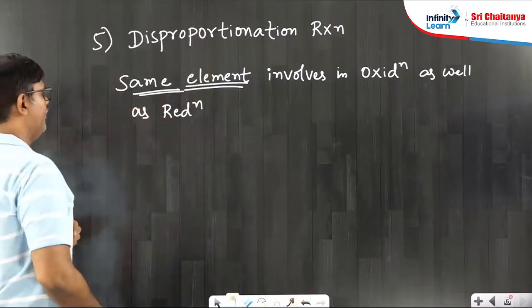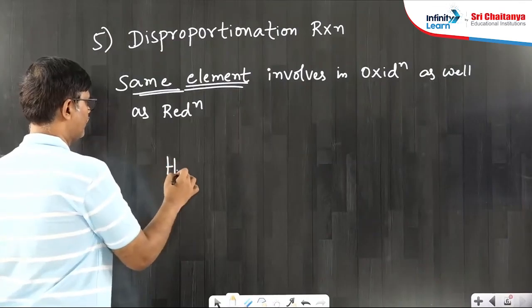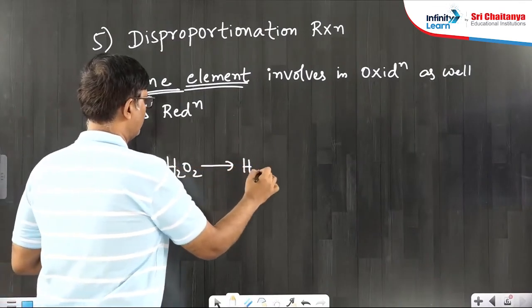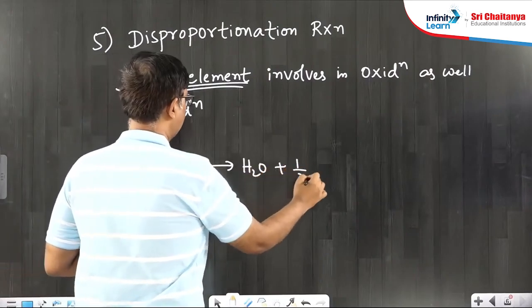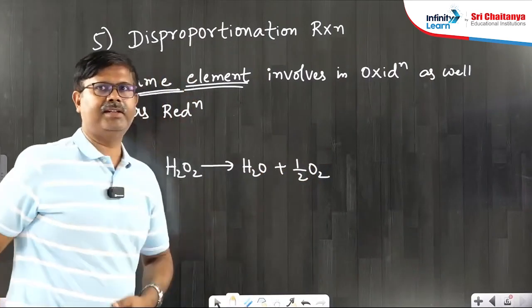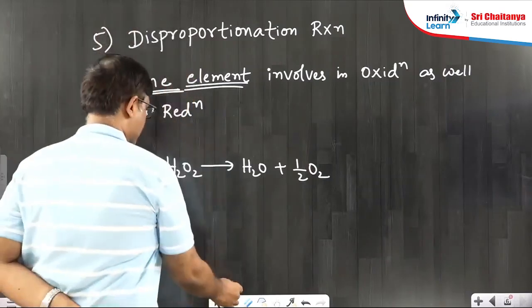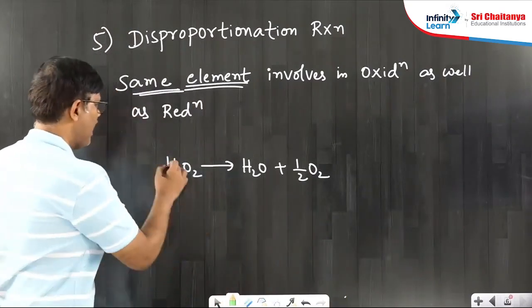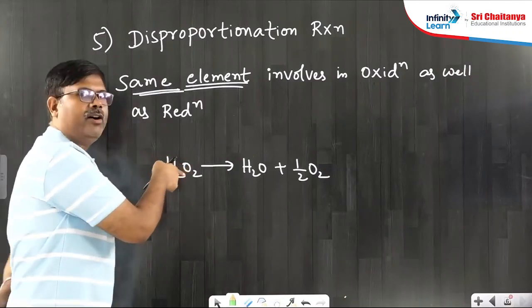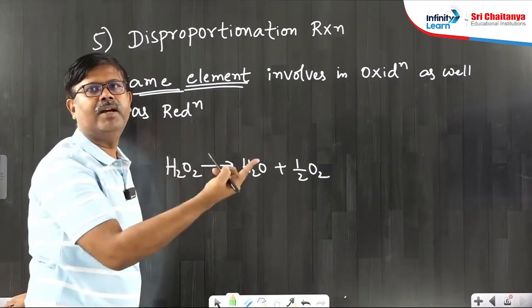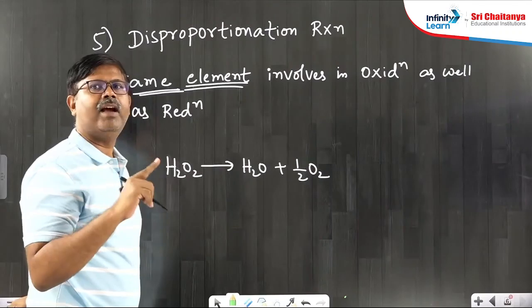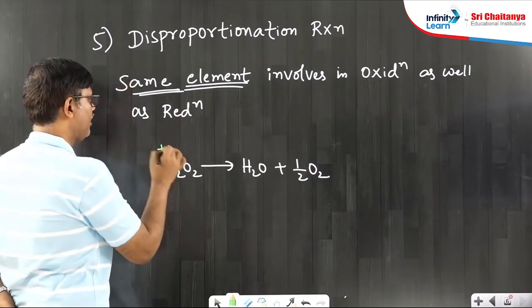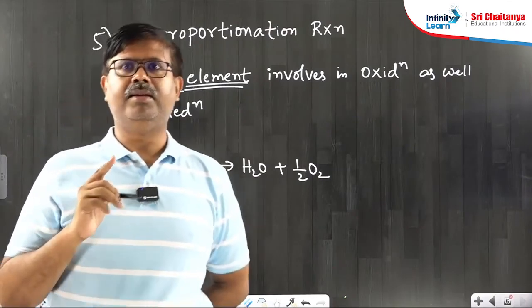Let's see. Suppose let's take a reaction like this. Now here, let's write the oxidation states and see whether it is disproportionation or not. Hydrogen combined with oxygen. When hydrogen is combined with a non-metal, what oxidation state will it have? +1. So hydrogen is +1. Now here, keep one thing in mind.